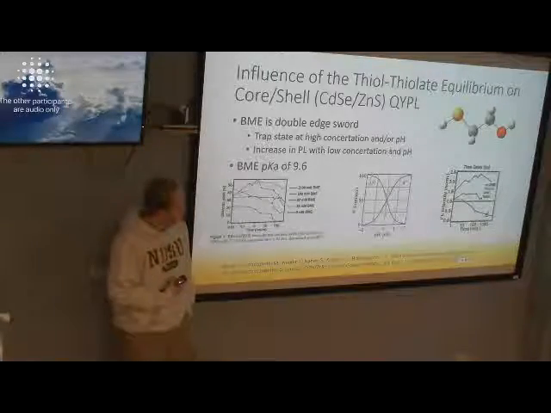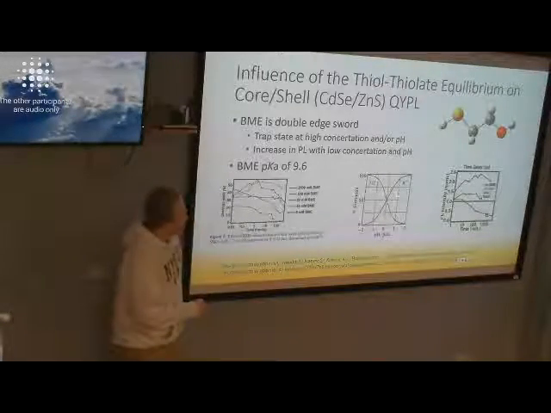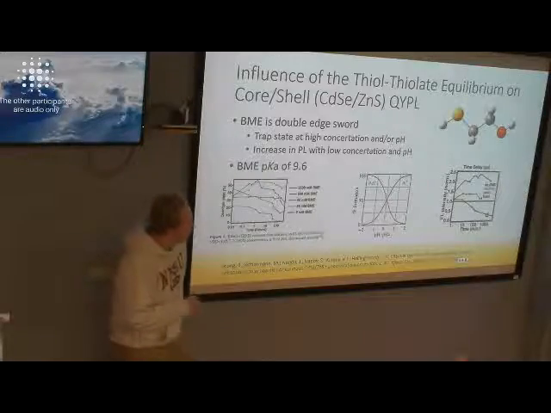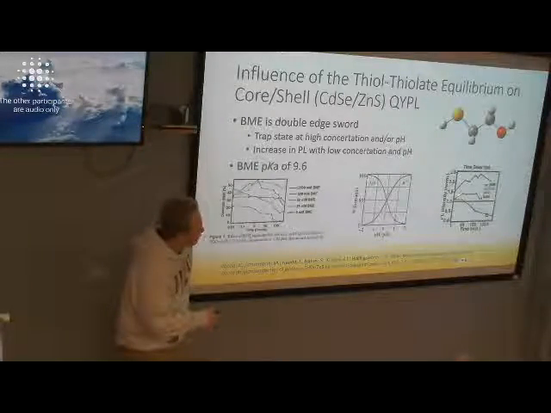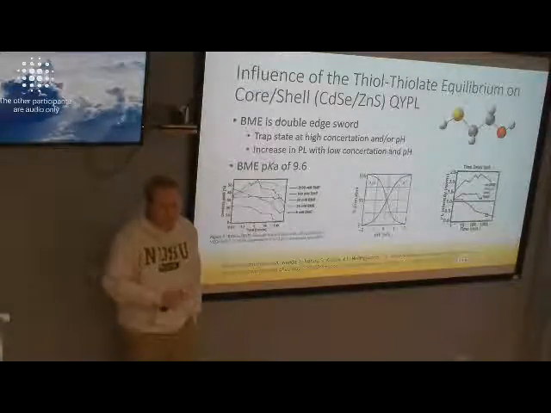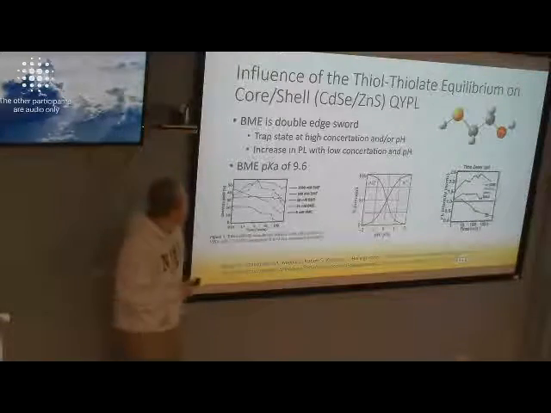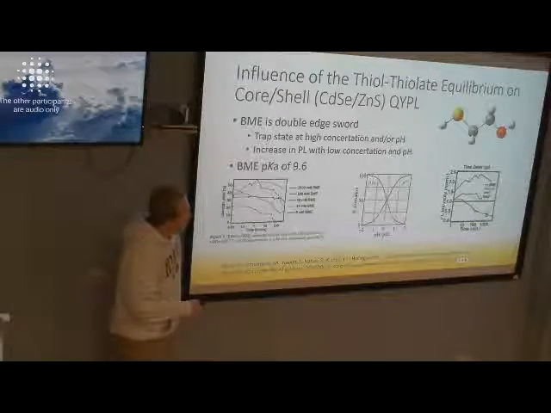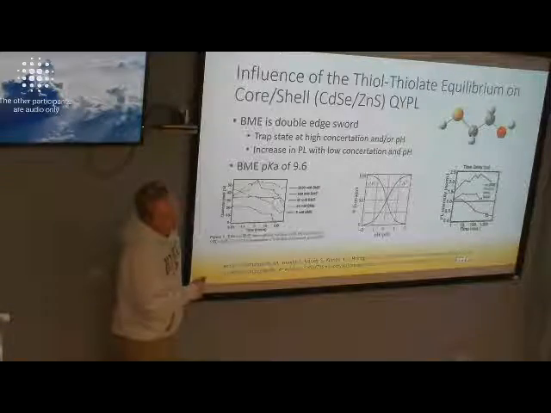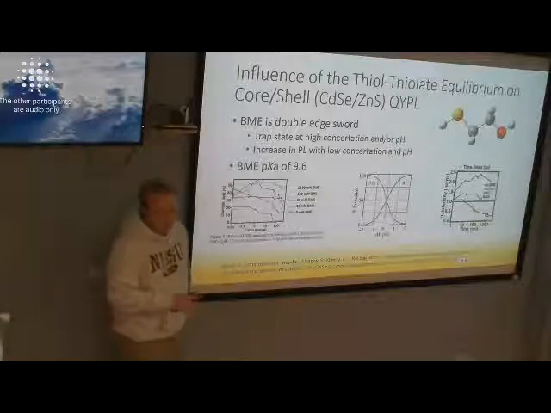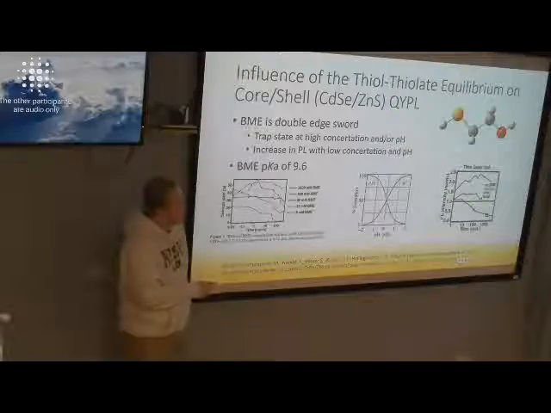What is the green then? The green is neutral. They just control it through the pH. And I think that is around 9.8, 9.6, because that's the pKa of this compound.